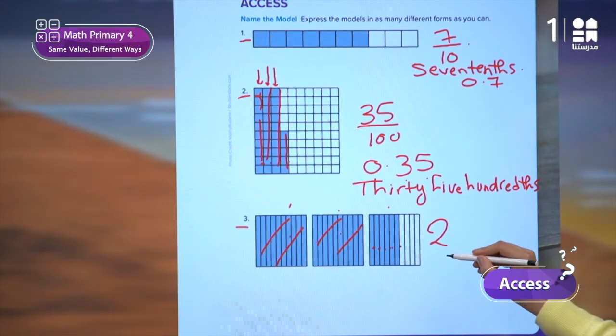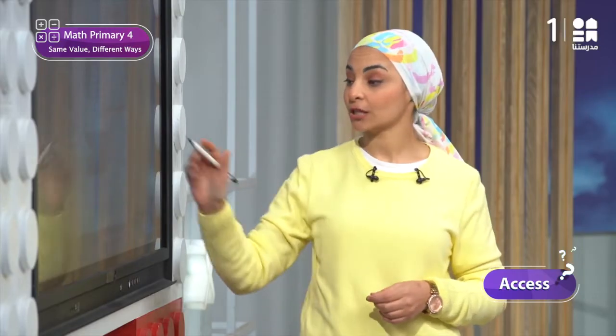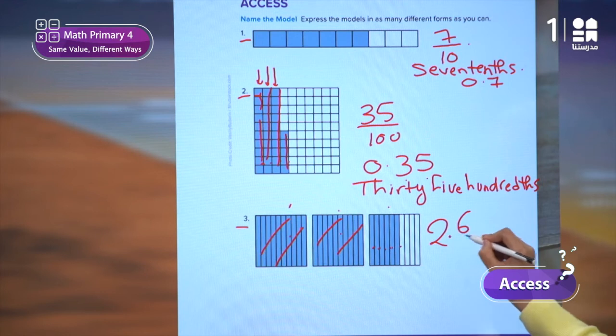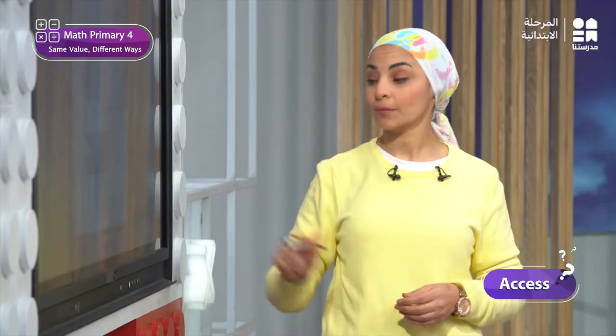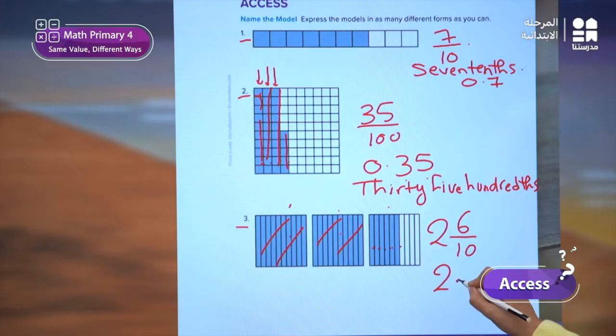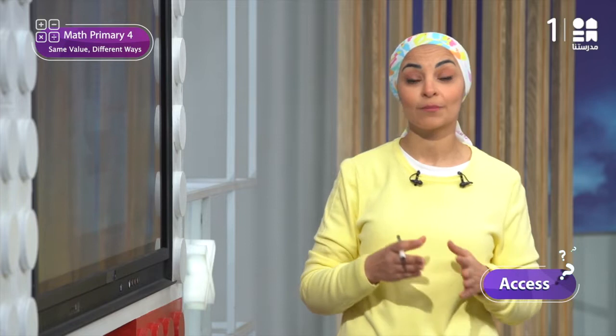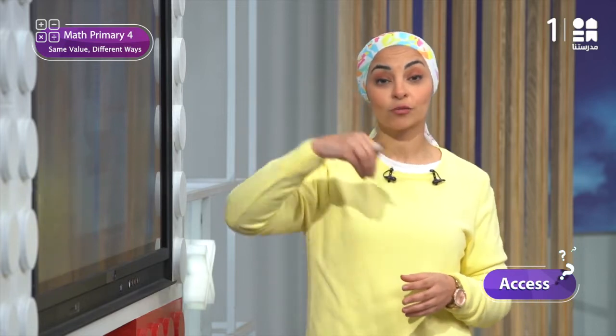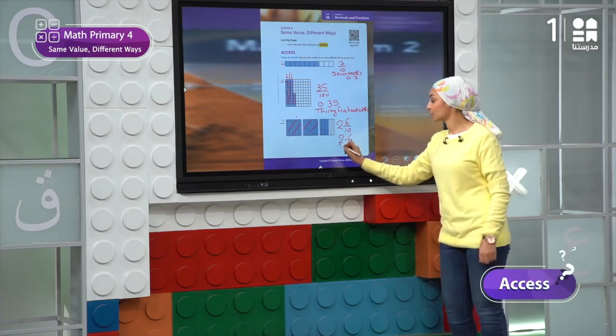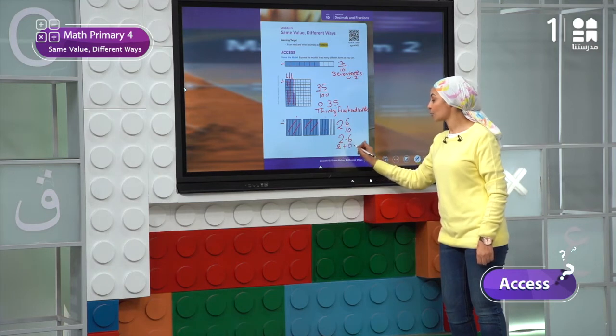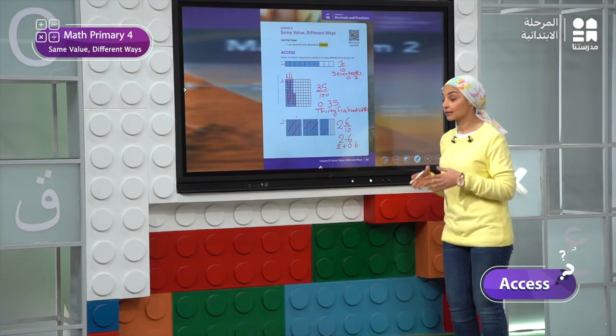يبقى when I can write it as a fraction, how can I write it? Yes, as a fraction it will be 2 and 6 over 10, right? طيب لو عايزة أكتبها in standard form it will be 2 wholes and 6 parts out of 10 أو 2.6. What about if I want to write it in expanded form? expanded form يعني بكتب ال value of each digit و between them addition. يعني هكتب 2 plus 0.6 أو 2 plus 6 tenths.